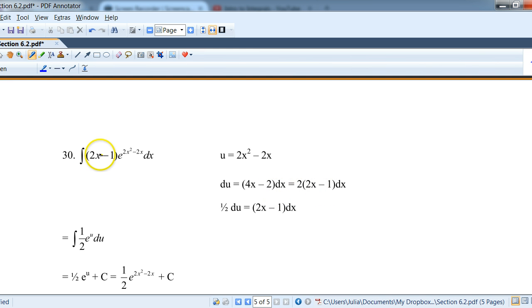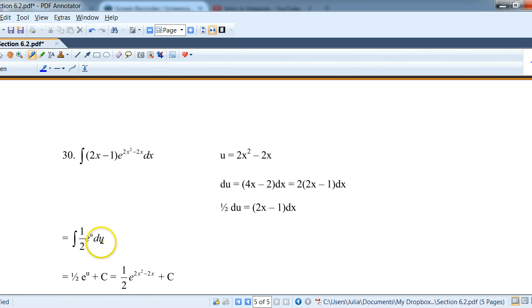But notice it doesn't really match, so I pulled out a 2. And to get it to match, we divide by 2 because, again, there is no constant 2 outside of the derivative. So then we get 1/2 instead of 2x minus 1, e to the u power times du. Because 2x minus 1 dx equals 1/2 du.